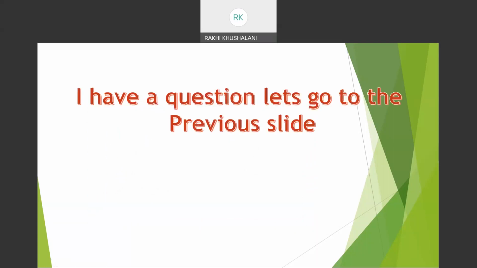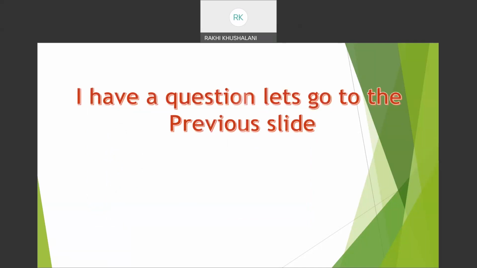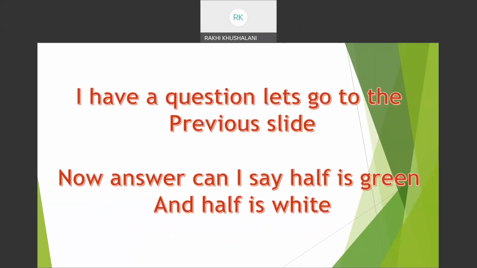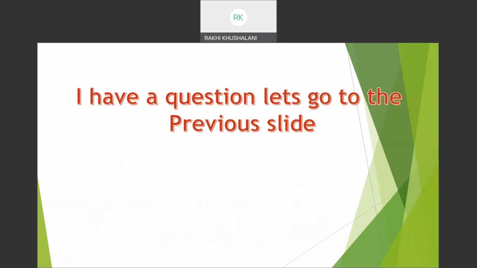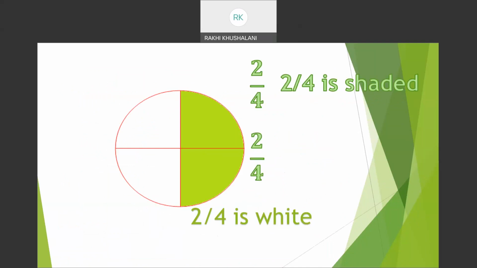I have a question, and let's go to the previous slide. Okay, I am going to the previous slide. Yes, this is my previous slide. I should have added it there.